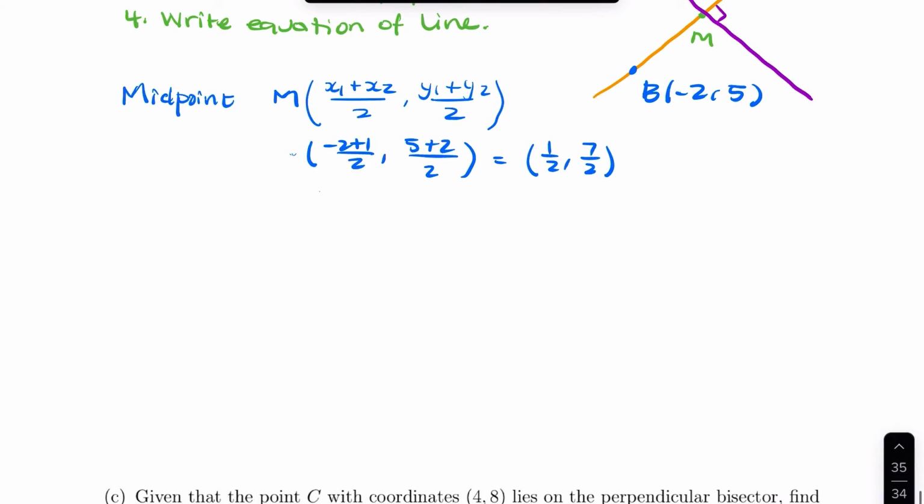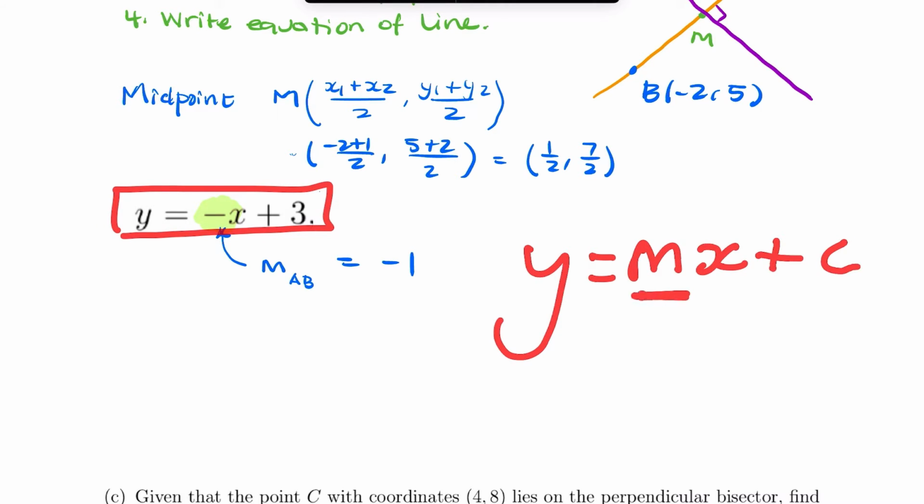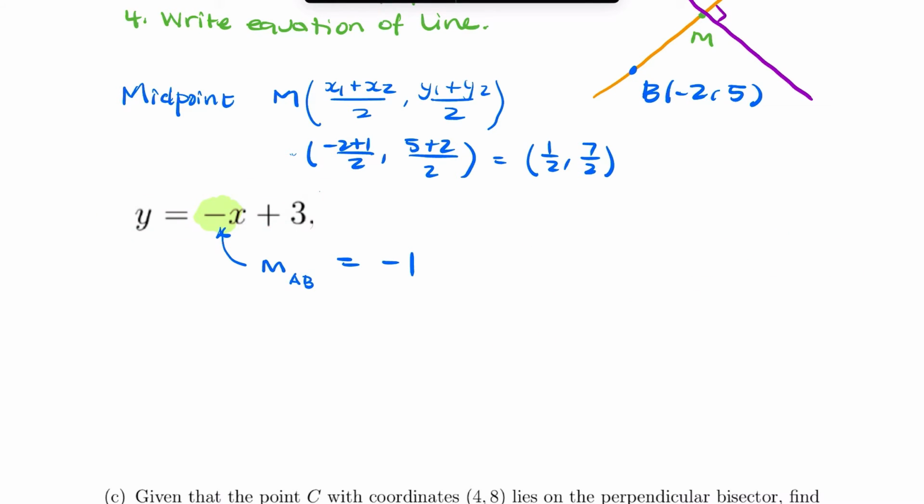So we could use that and simply say the gradient is the coefficient of x. So we could say the gradient of AB is simply minus 1, because this is written in the form y equals mx plus c. So m is the coefficient of x, and here it's just minus 1.